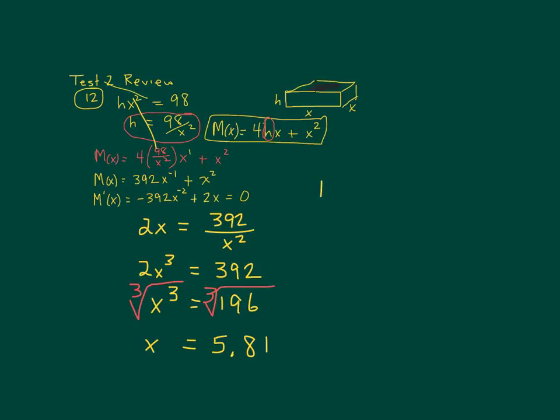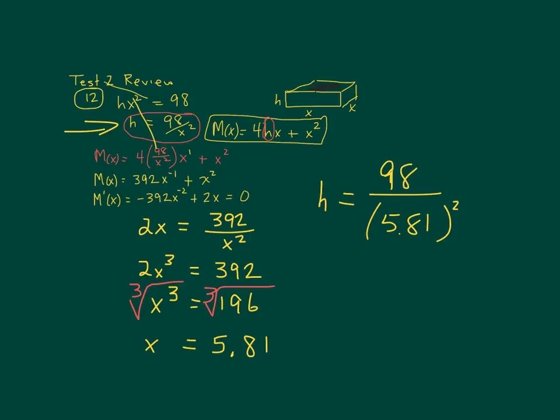So h, we know, back up here, we know that h is equal to 98 divided by x squared. So if I do 98 divided by that number in the calculator squared, I'm going to write down just 5.81, but I'm actually going to use the number that's still in my calculator.